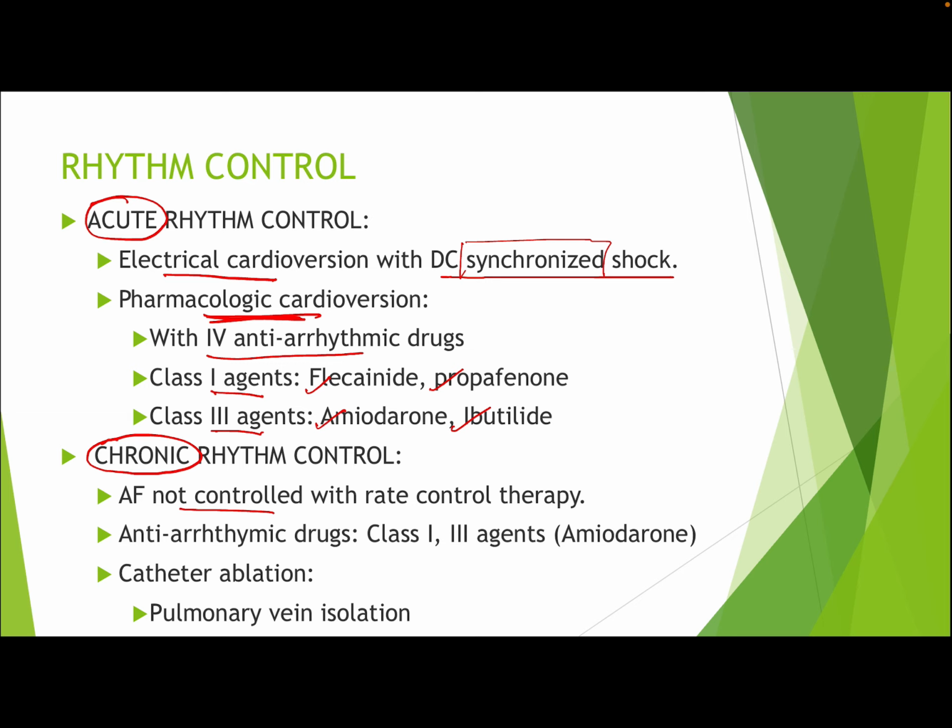So that is important to note. And finally, another option is catheter ablation, like pulmonary vein isolation, because it is seen that atrial fibrillation actually originates at the pulmonary vein ostia. So when we ablate the pulmonary veins, then that is a potential therapy for atrial fibrillation.